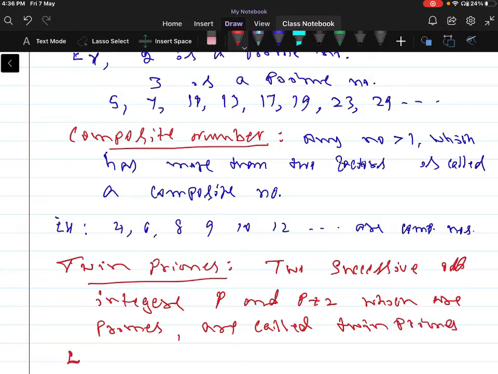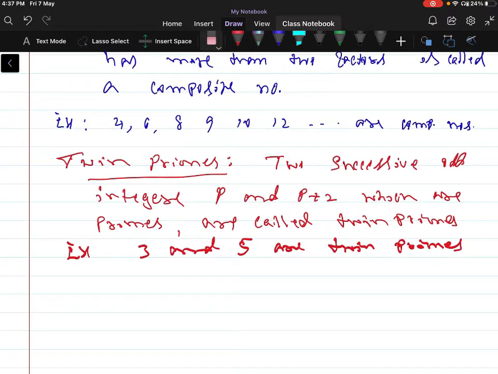For example, 3 and 5 are twin primes because these two are successive odd integers, therefore 3 and 5 are the twin primes.